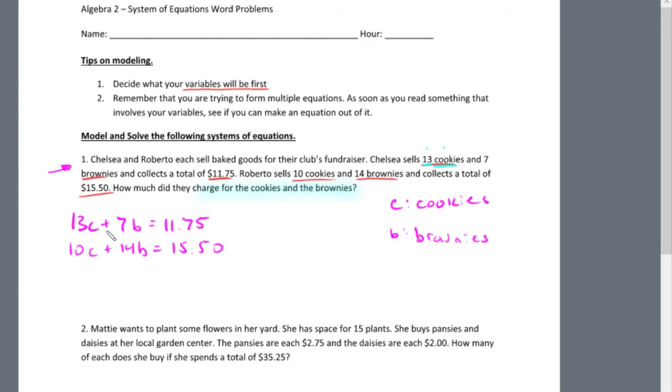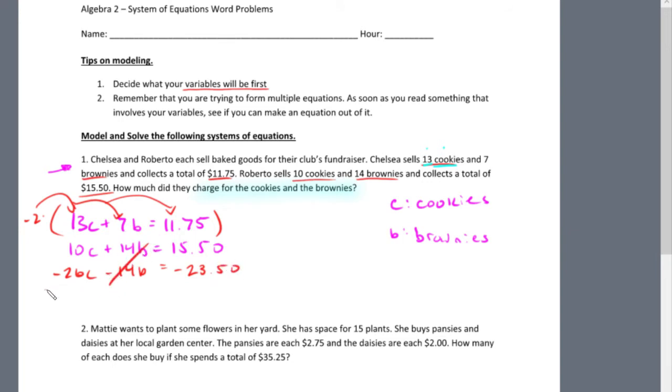You solve it using substitution or elimination, or graphically, though you probably don't want to solve these graphically. The easiest method for this one is elimination, to eliminate the brownie variable. You do that by multiplying the top equation by -2, because -2 times +7 will give you -14. That's what we want, because we want to cancel the variable b.